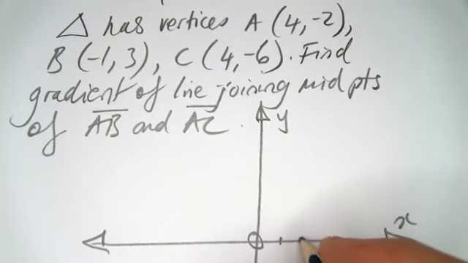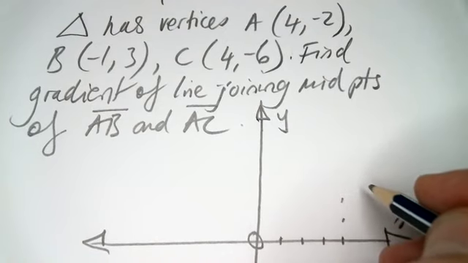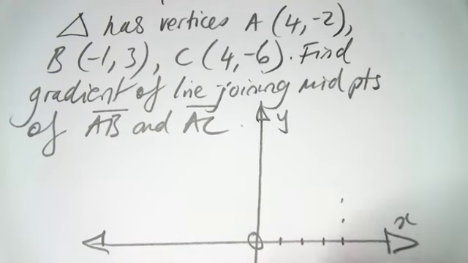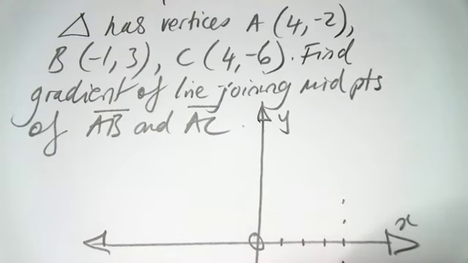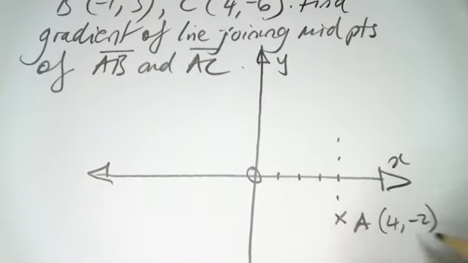So 1, 2, 3, 4, and 2 down about there. So here we go, 4, -2, and that is going to be A. So I'll just put 4, -2 there, so you can see what I'm doing.